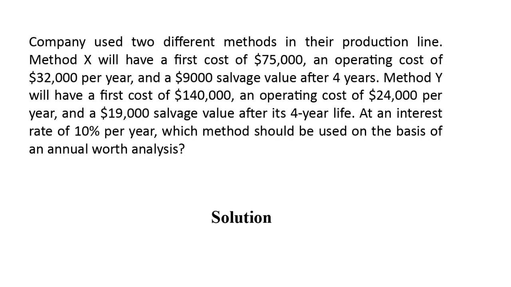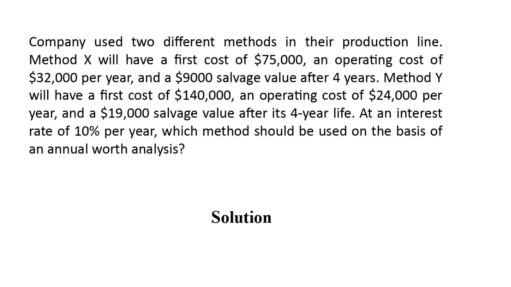So it will be minus 75,000 A given P, because the first cost is in the present format and needs to be converted to annual. The 32,000 is per year, so no need to convert it. And the salvage, which is the 9K, is a future value to be converted into an annual.